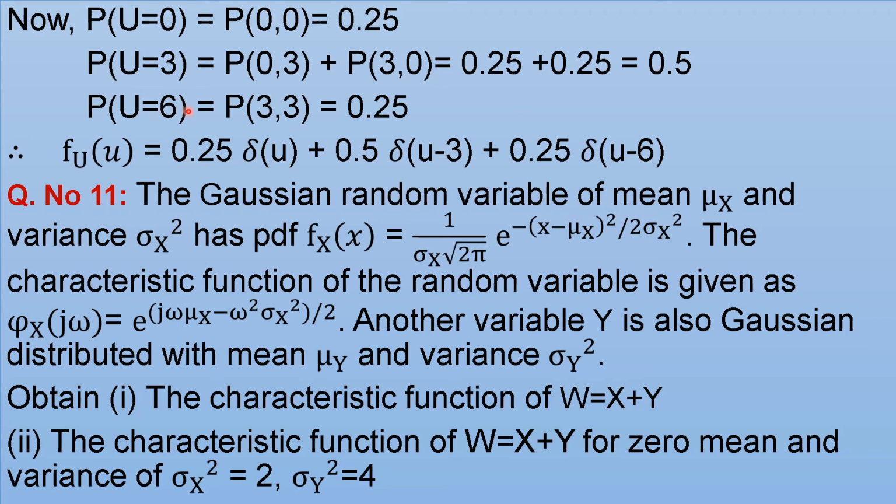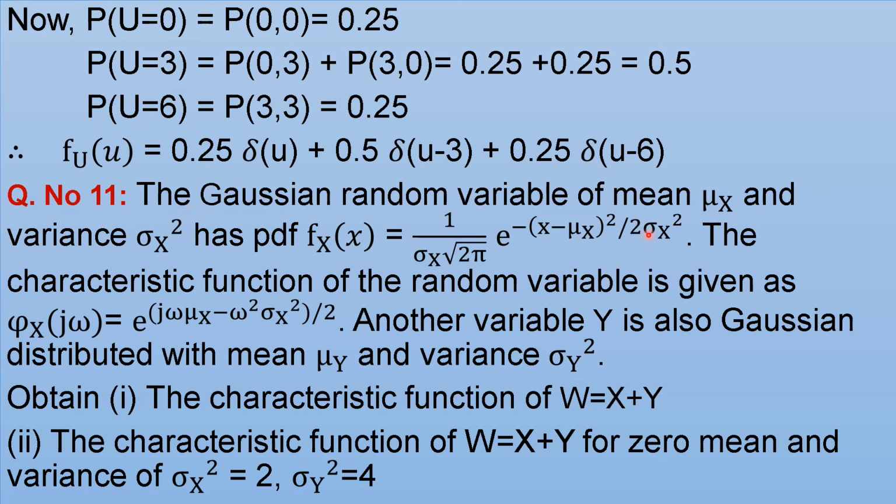So P of u equal to 6 is the same as P of 3 comma 3, or 0.25. So we have the probability of all these three discrete values of u. Therefore the probability density function of u, fu of u, is equal to 0.25 into delta of u minus 0, or delta u, plus 0.5 into delta of u minus 3, plus 0.25 into delta of u minus 6.